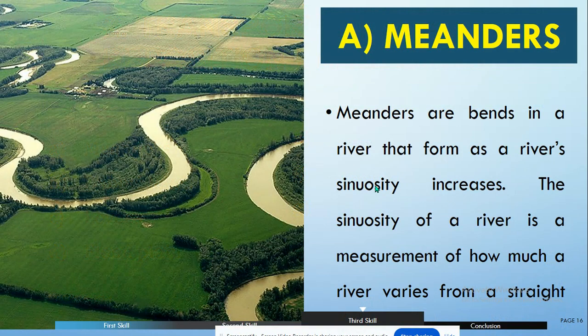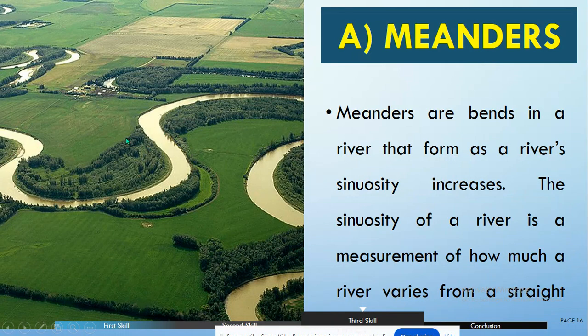Let's go with river meanders. River meanders, you see, wow. These are bends, these are corners, like a river as it is flowing in its course, it reaches somewhere where it bends.